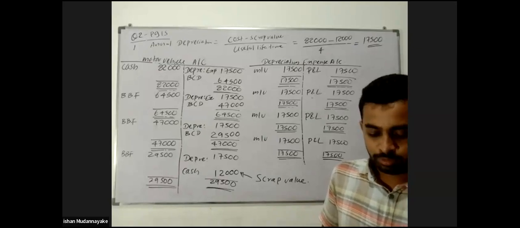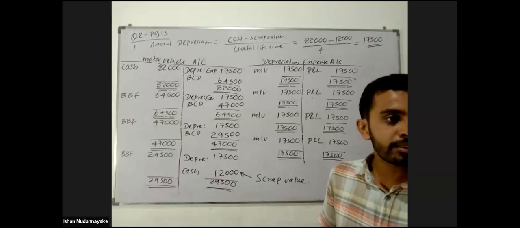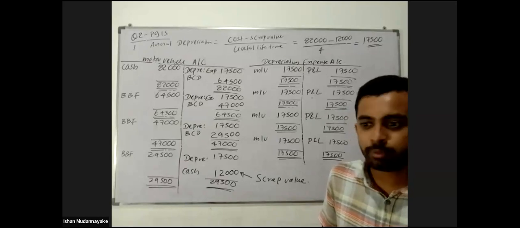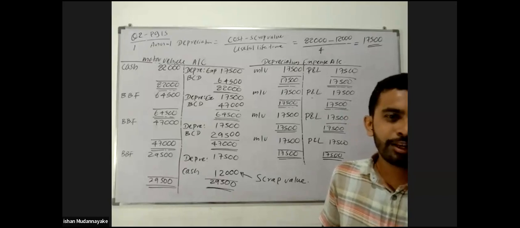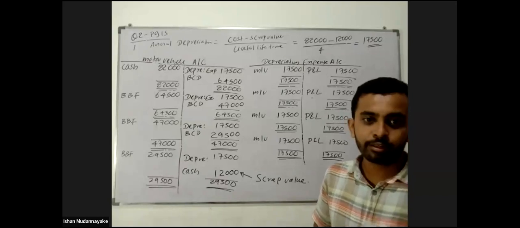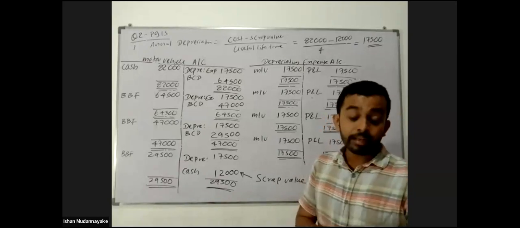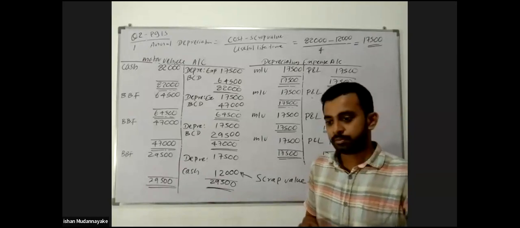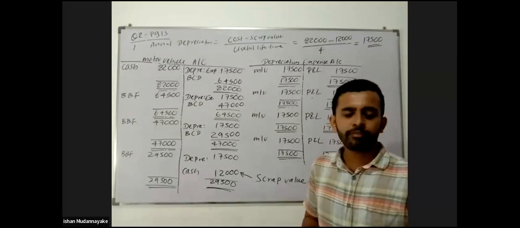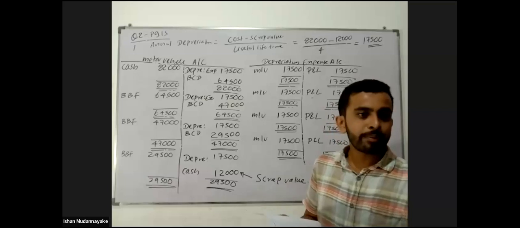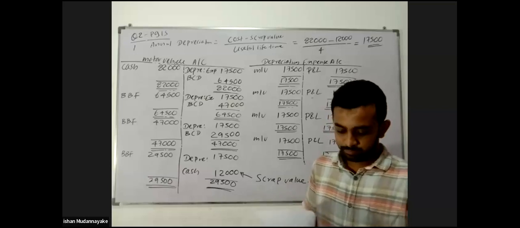Anyway, we will try to complete the whole grade 11 syllabus by the end of October, end of November. And after that, we discuss papers, grade 11 model papers as well as past papers.